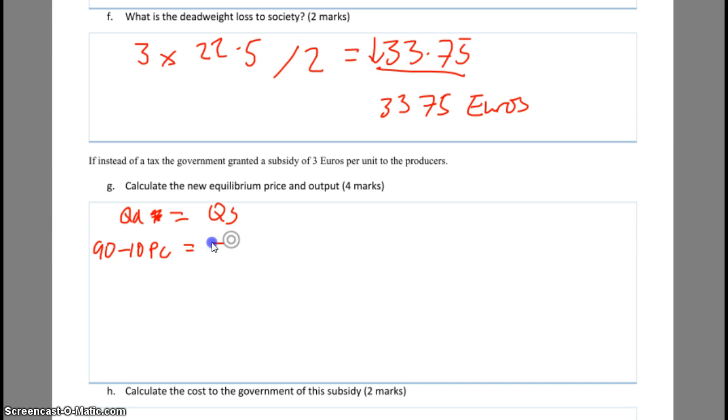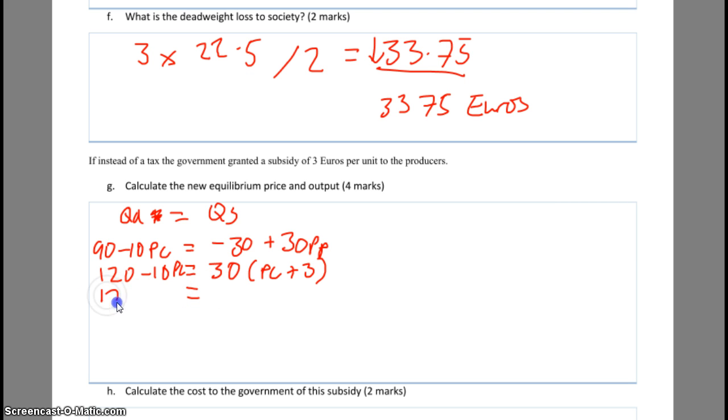So we've got minus 30 plus 30, and it's PP. So now we add the 30 to both sides, so 120 minus 10 PC equals 30, and PC plus 3 this time, because it's a subsidy, so the producers are getting some money and not taking it away from the price.